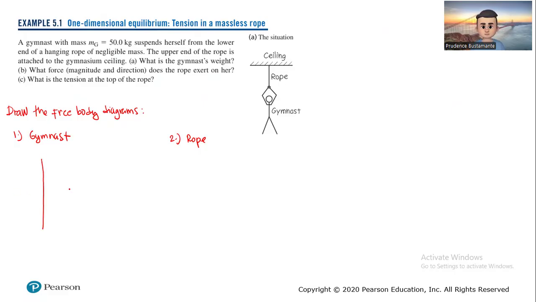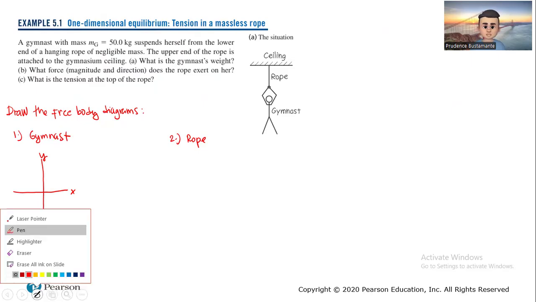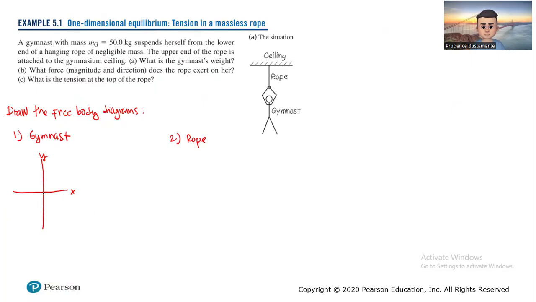This is our x and y component. If you are the gymnast, of course, there is a tension of the rope acting on you. And you also have the weight of the gymnast, your weight, which is equal to m, the mass of the gymnast, times the acceleration due to gravity. That's all.